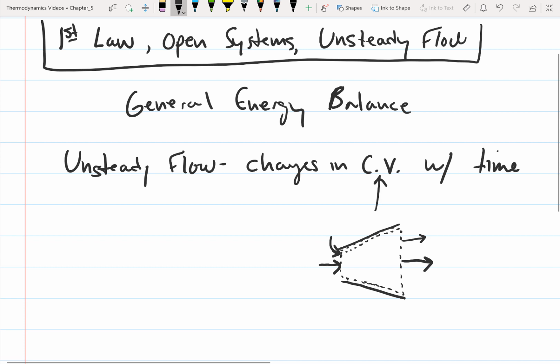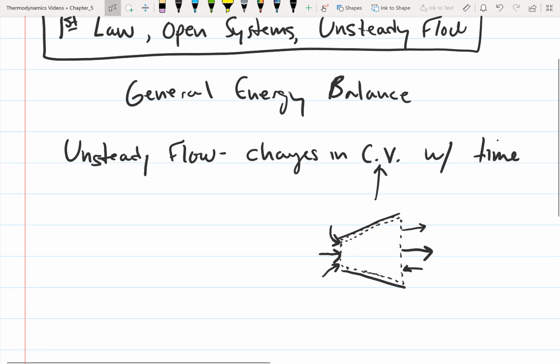And the reason why we need to define a control volume is because if we're going to solve the diffuser problem or nozzle or any other problem for various properties or different things of interest, we need to have a definition of where the fluid's going in and where it's going out, because if we don't, then what do we put here in our equation? So a control volume is really just a mathematical construct, and it's basically just the area that we're interested in, whatever it is we're analyzing.